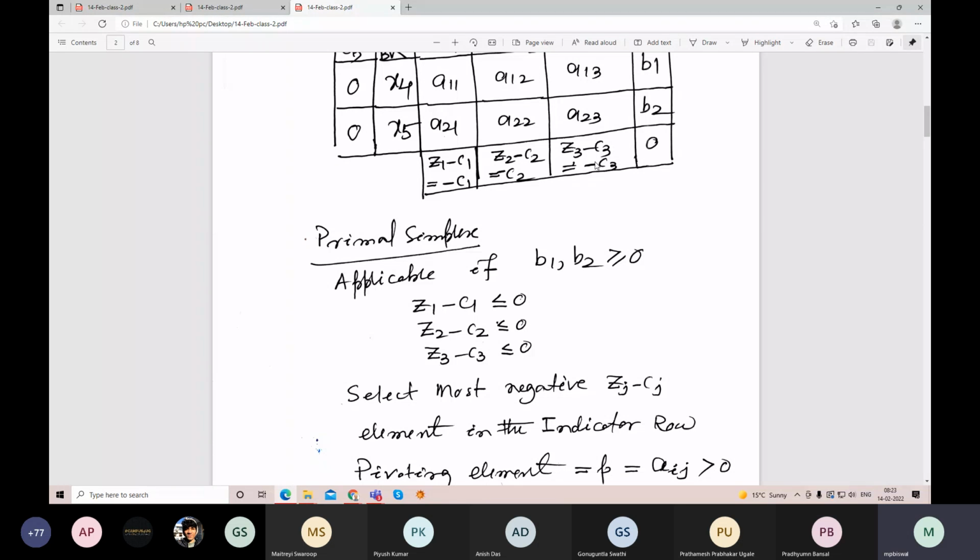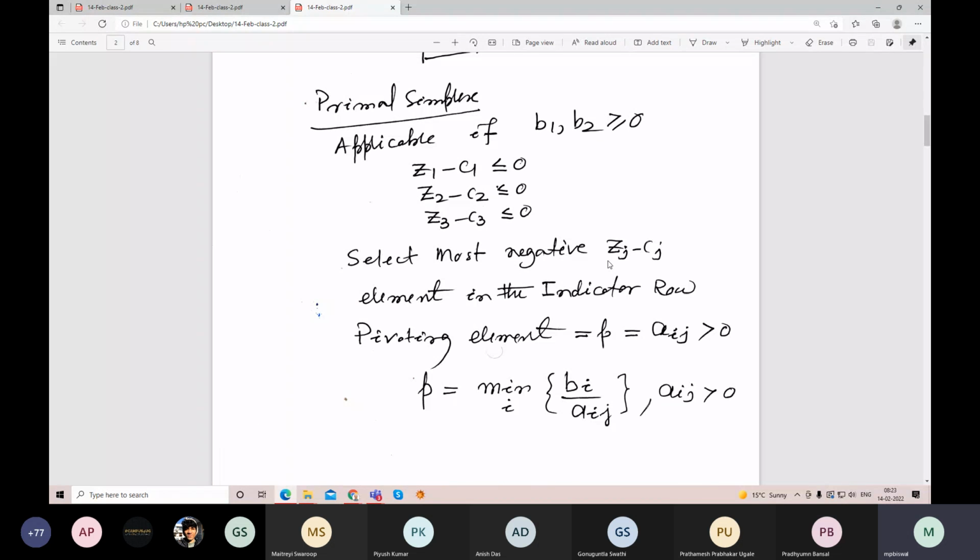So if this is happening, select the most negative Zj minus Cj element among the indicator row. I'm not telling the step, I'm telling the major thing: under what condition you can apply the primal simplex method. So select the most negative Zj minus Cj element in the indicator row.